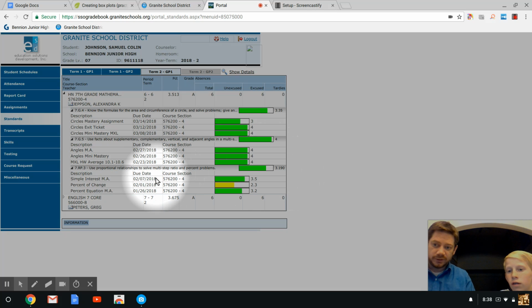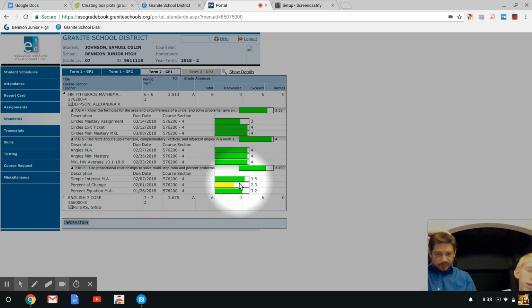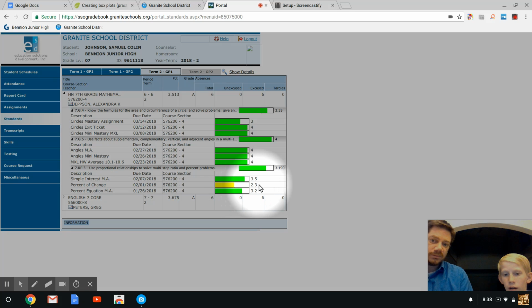Oh, and then we also have English. Well, before we get to English, so what can you do to change this percent of change? I can retake the test and get a higher score. Can you just go in tomorrow and retake it? No. So what makes it possible for you to retake that standard?